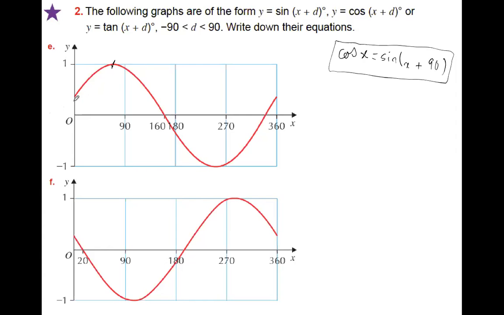So I'm going to say this is a sine signal that's been moved to the left by this value, but this value is exactly the same as this value here. So 180 minus 160, that's a 20, and it's been moved to the left, and we say plus 20. And because it goes to 1, this is just sine x plus 20.